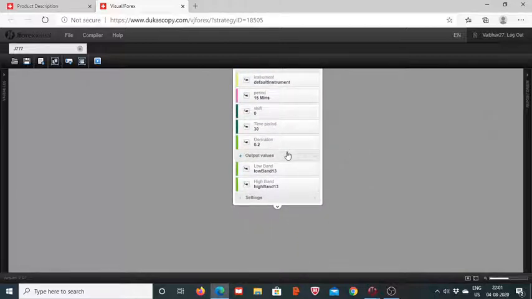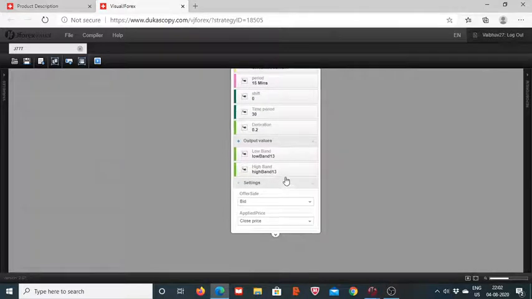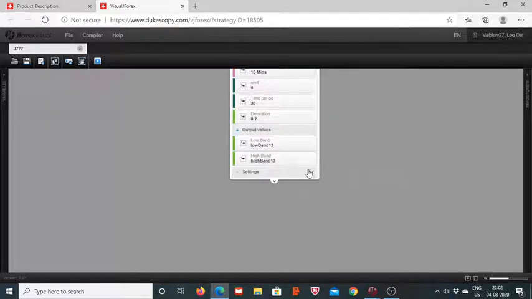Then we get these output values, the lower band and the higher band, and these are the outputs which we will use to set the conditions, which we will define using the if and else statement, or a combination of other calculations. And as you might already be aware, as we have done many times, we have to define these settings. On which side the calculation is being done makes a lot of difference.